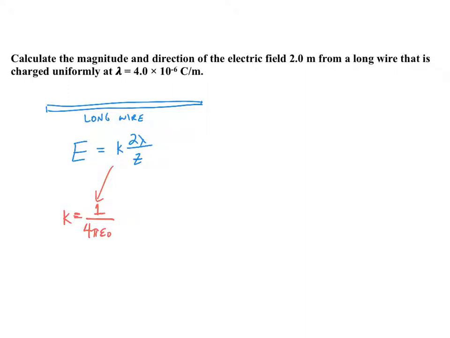All right. So if we put the numbers in here, because we have everything that we need, the charge density was 4 times 10 to the minus 6 coulombs per meter, and the distance was 2 meters away.